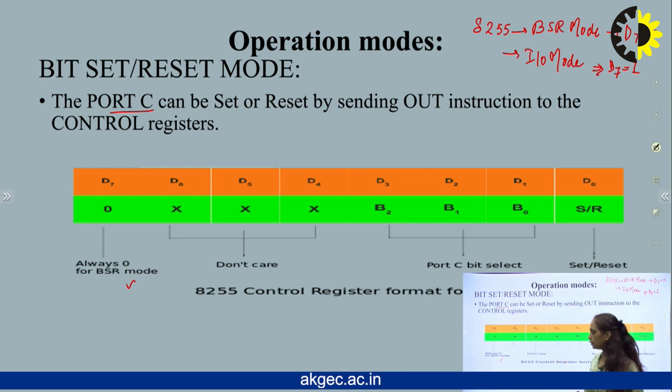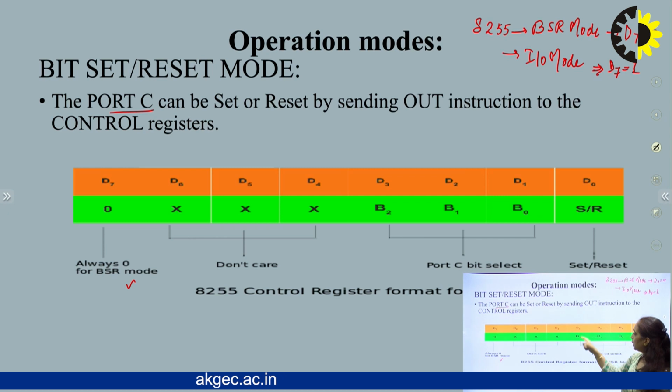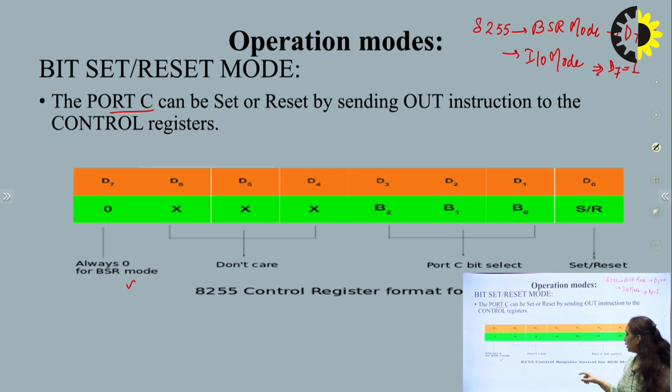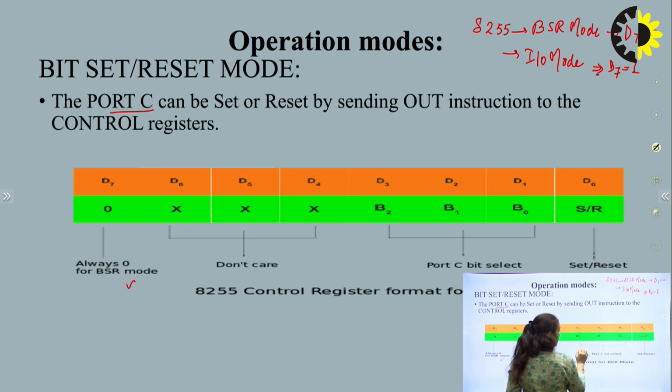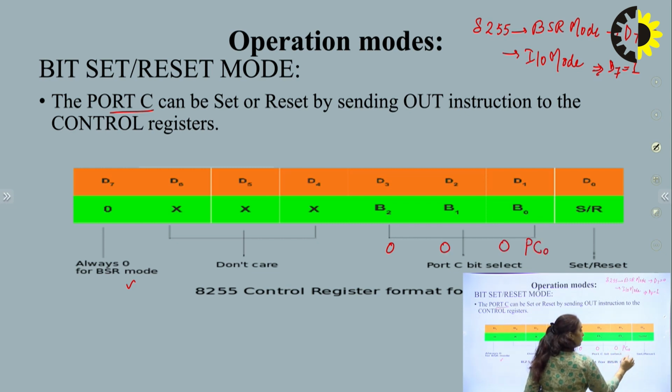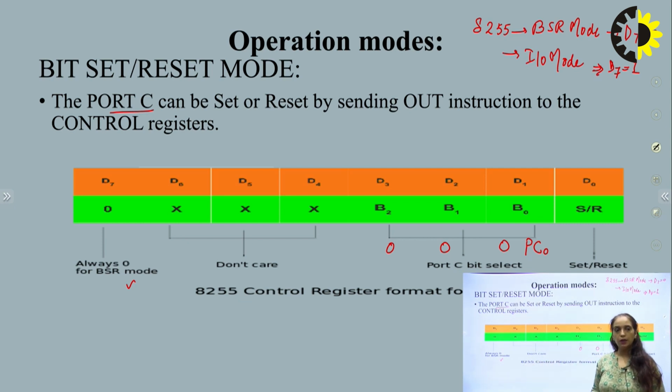These three are don't care, we are not going to use these pins. Then B3, B2 and B1, that are connected to D3, D2 and D1, are used to select pins from port C. For example, if we have 0, 0, 0, then PC0 will be selected. Same way, if you have 1, 1, 1 value, then PC7 will be selected.